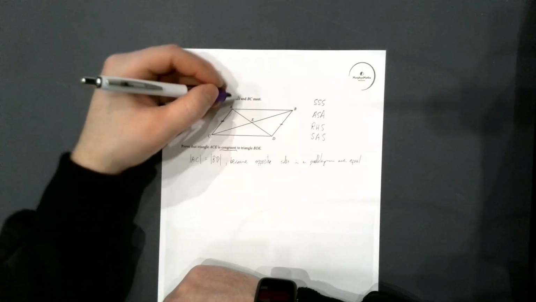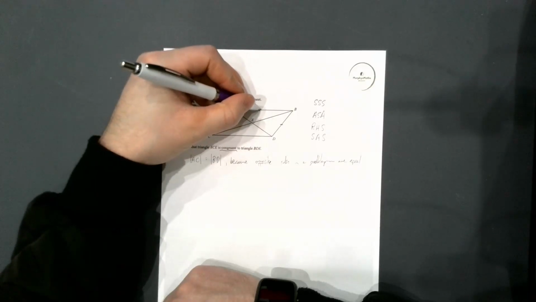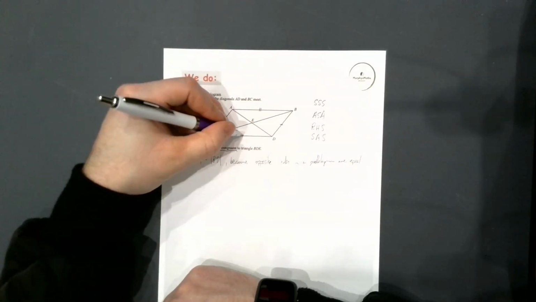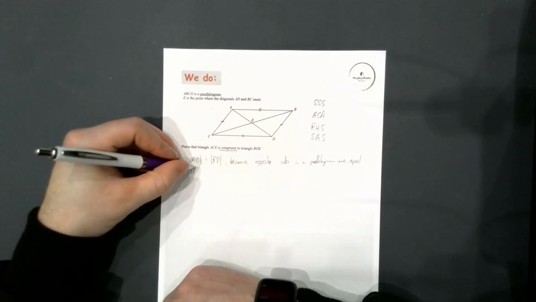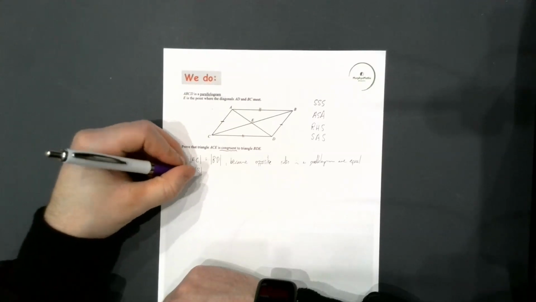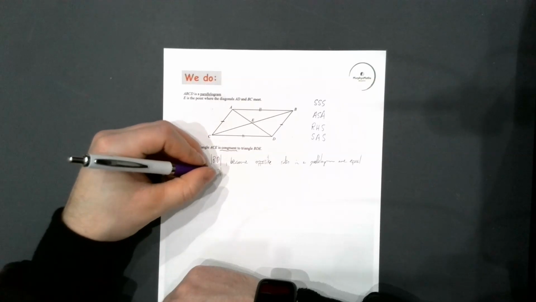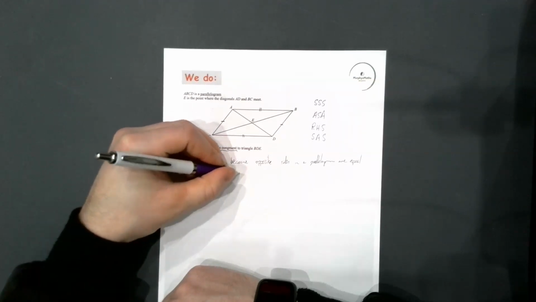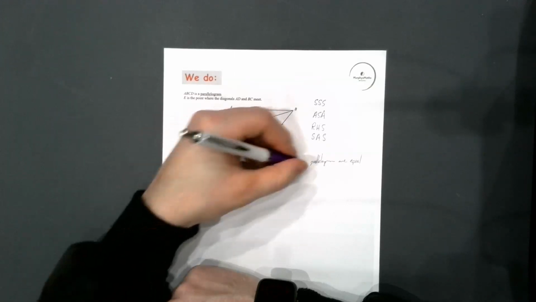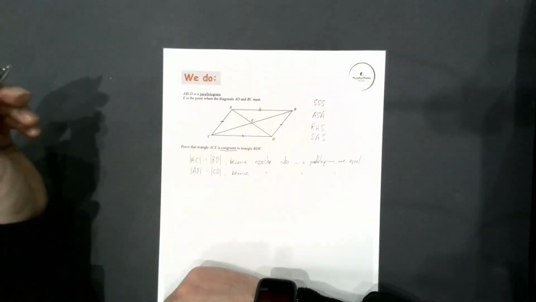I can say similar with AB. AB is the same as CD. So AB is equal to CD because, and it's the same angle rule, so I don't need to write it out again.